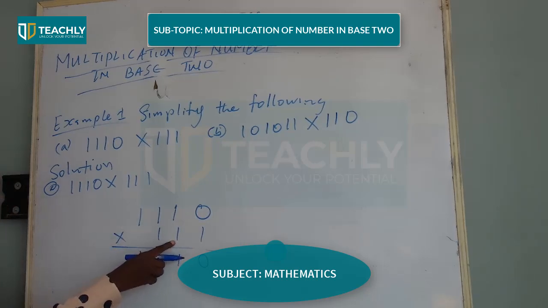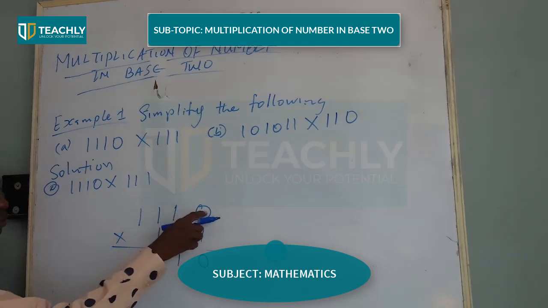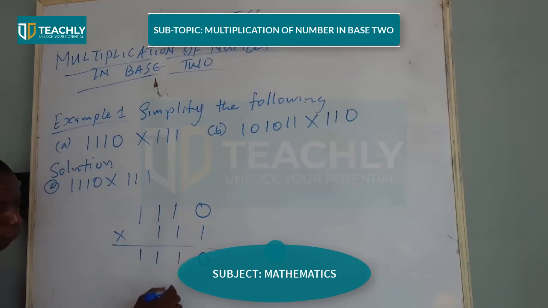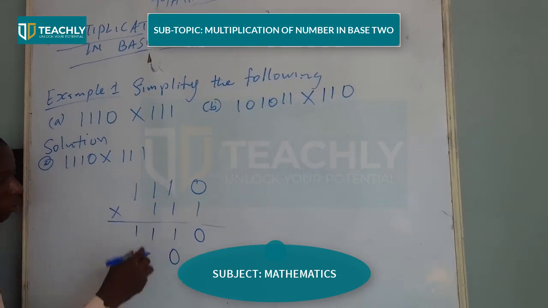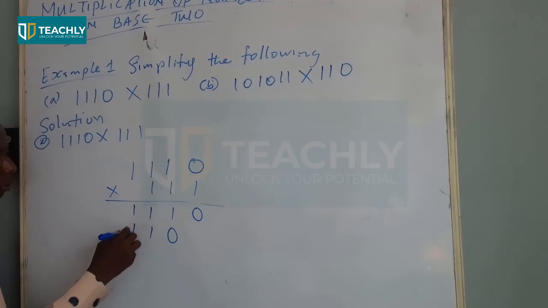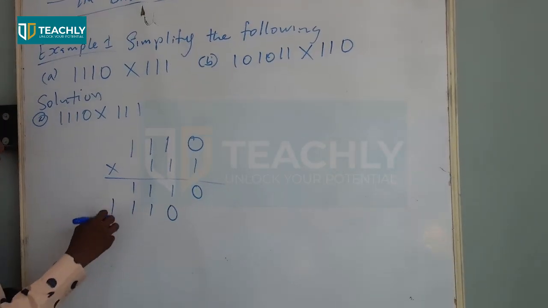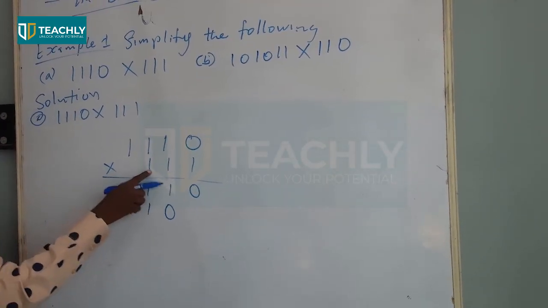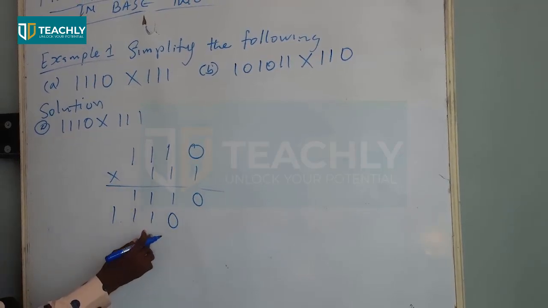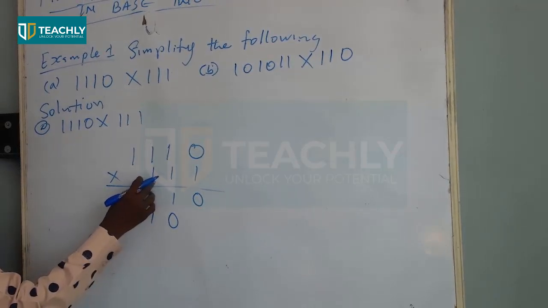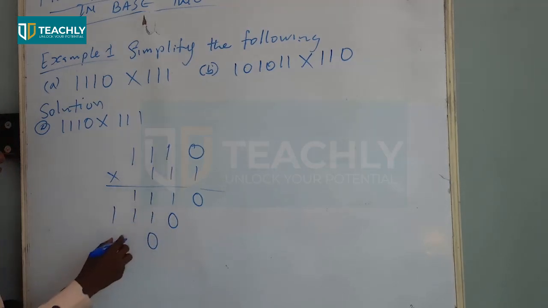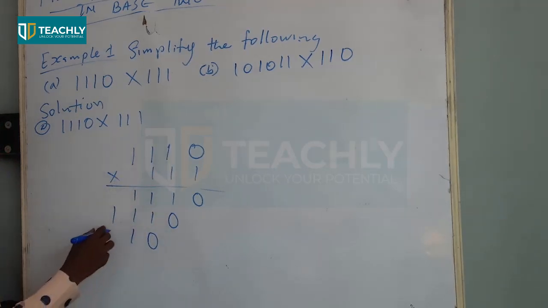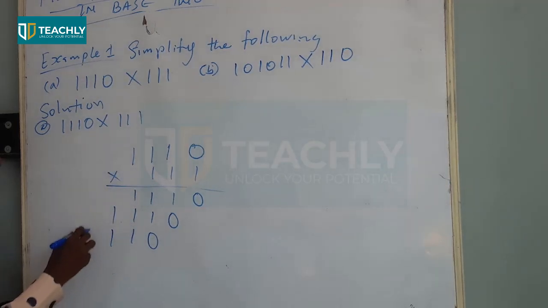Take the next digit here. 1 times 0, you are going to start your answer under this second digit. 1 times 0, you have 0. 1 times 1, you have 1. 1 times 1, you have 1. 1 times 1, you have 1. The last one, 1 times 0, you start your answer under this last digit. 1 times 0, you have 0. 1 times 1, you have 1. 1 times 1, you have 1. And 1 times 1 here, you have 1.